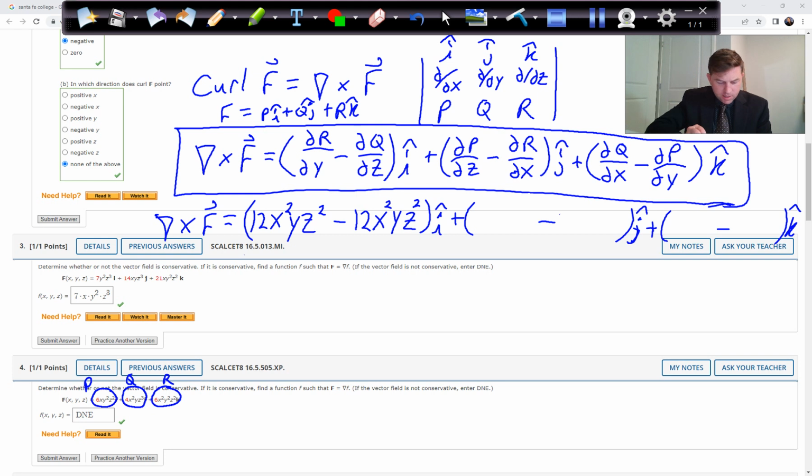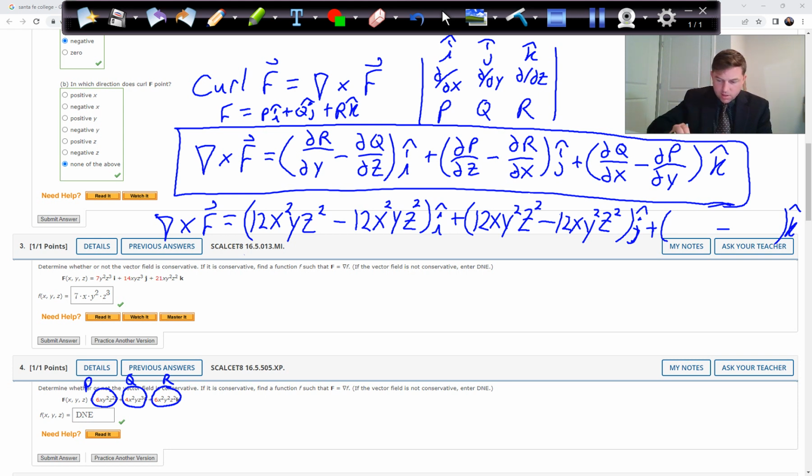Then we have dP dz. dP dz would be 12xy squared z. dR dx would be 12xy squared z squared. I missed a squared here.